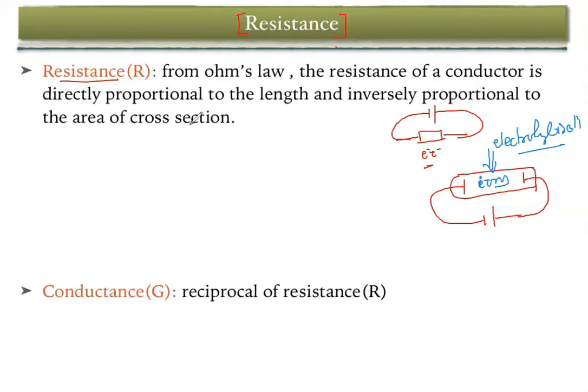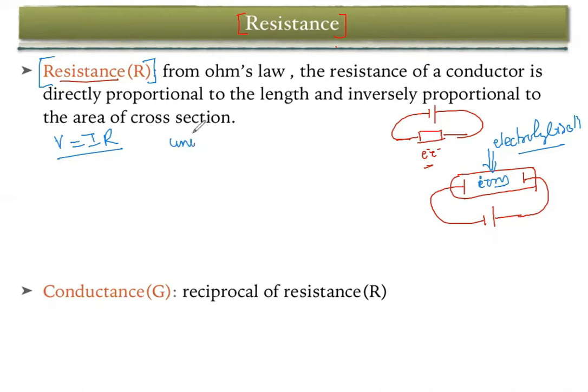Now as we have learned in physics, resistance is nothing but the opposing force. We know that V is equal to IR, potential is equal to current into resistance. Using this resistance, we are going to derive all the formulas in electrochemistry. Now, what is the unit of resistance? The unit of R is ohm. And we already know from physics that R is directly proportional to L and inversely proportional to area.